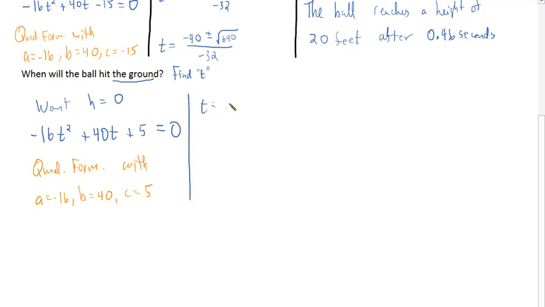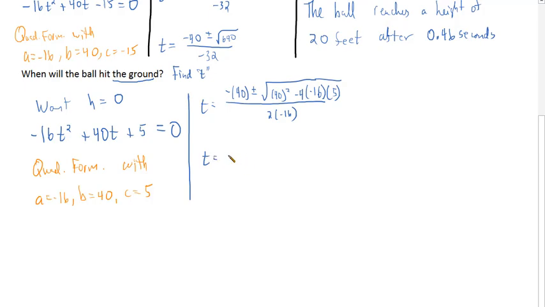So then t is equal to the opposite of 40 plus or minus the square root of 40 squared minus 4 by negative 16 by 5, over 2 by negative 16.